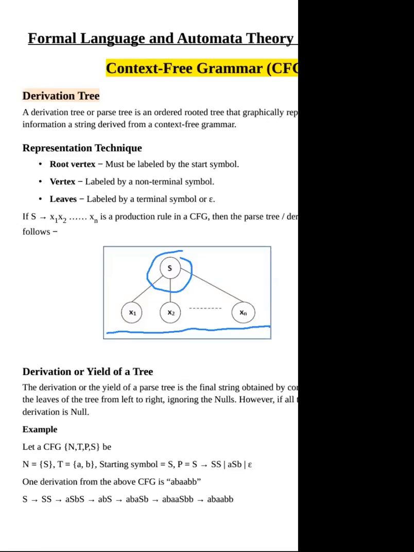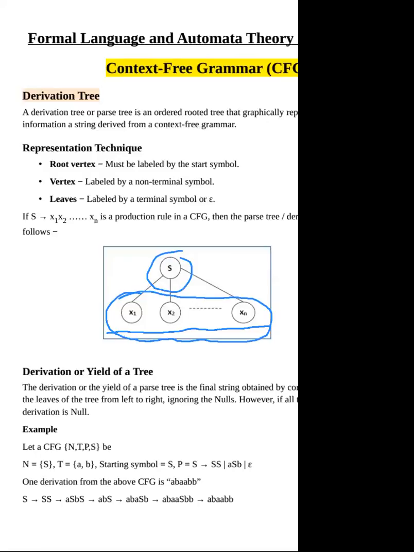So these leaf nodes, say these are x1, x2, must contain only terminals, that is small letters. Can I repeat that? Non-terminal means uppercase letter and terminal means lowercase letter. So terminals must be present at the leaf nodes, and the leaf nodes present your final string.